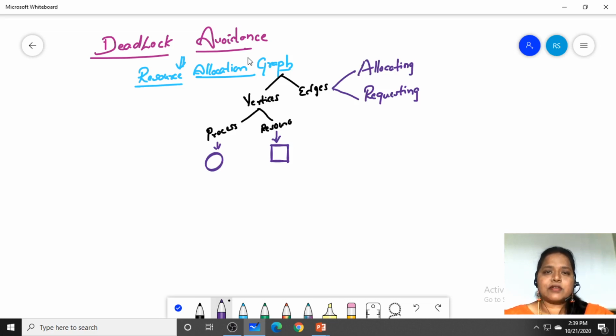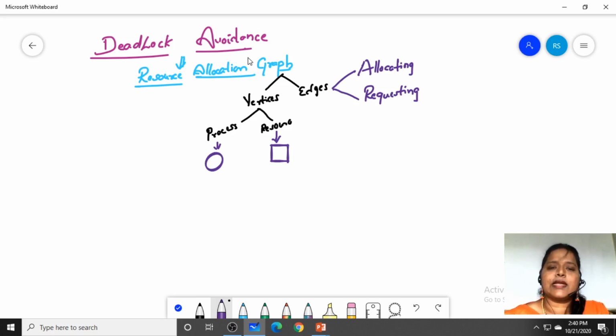That is the reason we go for the resource allocation graph. If the instances of the resources are more, we will not go for the resource allocation graph, we will go for the Banker's algorithm. If the resources are fewer, we go for the resource allocation graph. The Banker's algorithm will be dealt with in the next class. In today's class, we discuss the resource allocation graph.